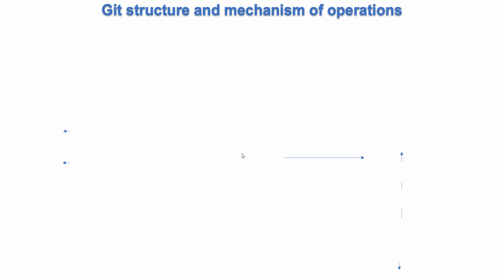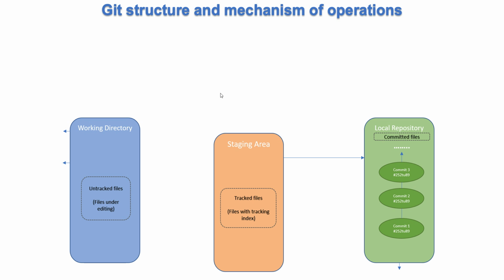how it is working. Okay, so we will start with the structure of Git. And we will discuss later about the mechanism of operations inside this structure and how it works. First, when you are working on your local drive, you can divide the structure of Git between these three levels: the working directory, where files are untracked or don't have a tracking index.